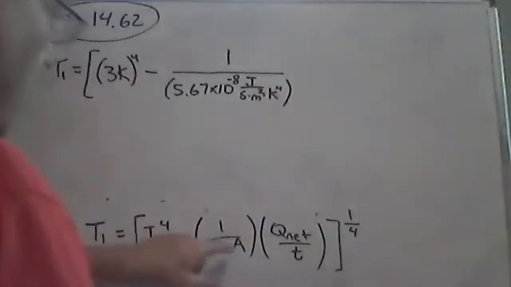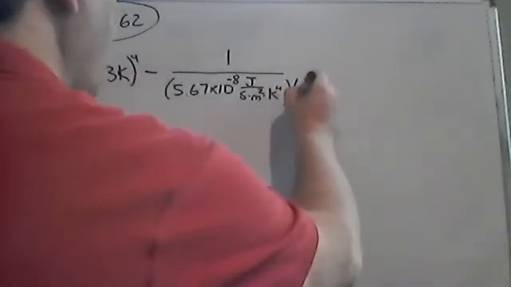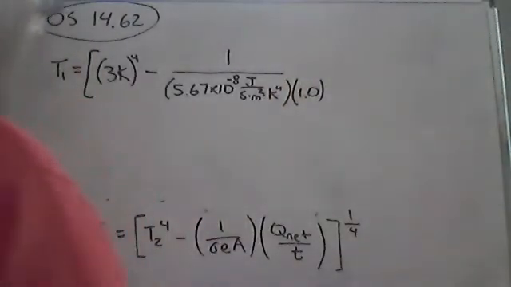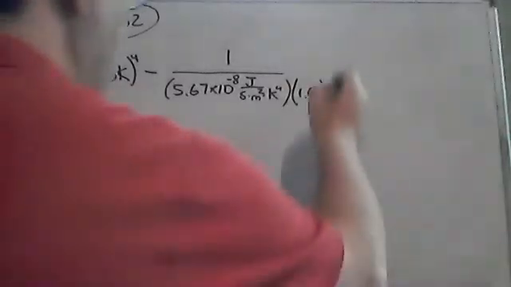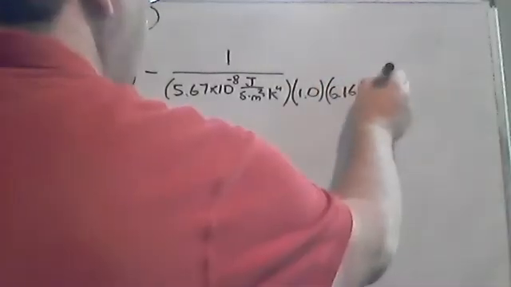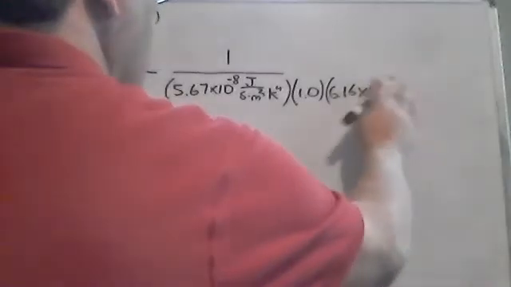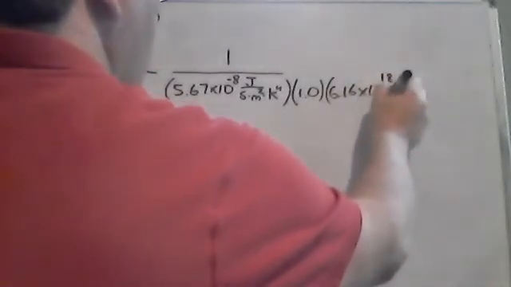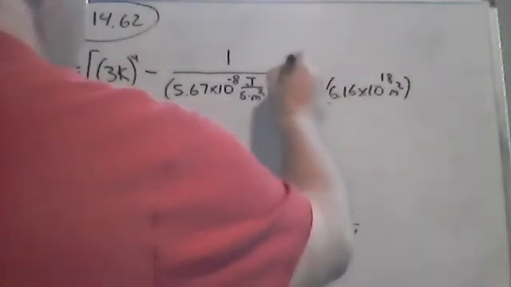I got that. I need my E. Well, that's simply just 1.0. The A, I calculated that earlier, is the surface area of the sun, 6.16 times 10 to the 18th meters squared. Great, I got all that.